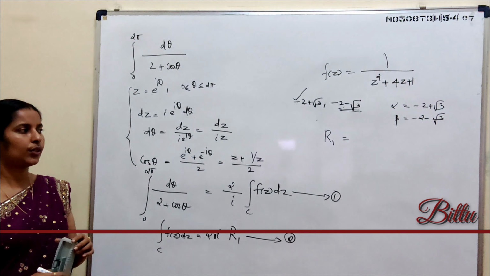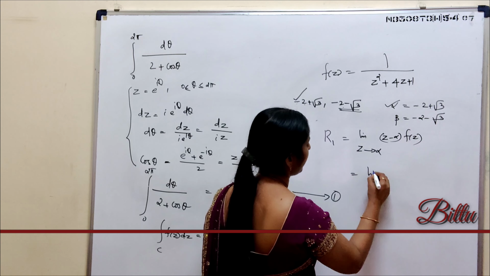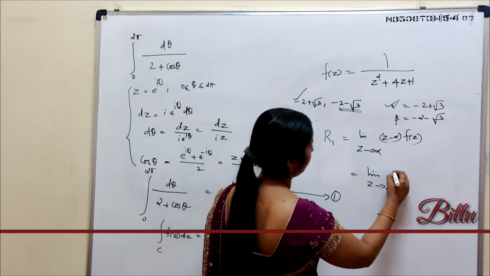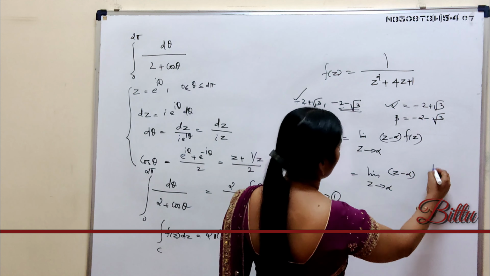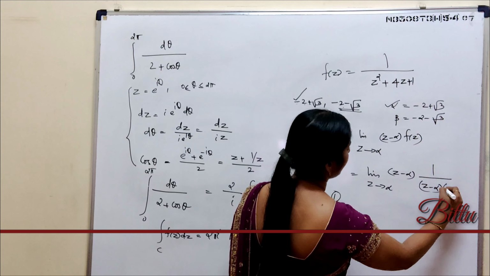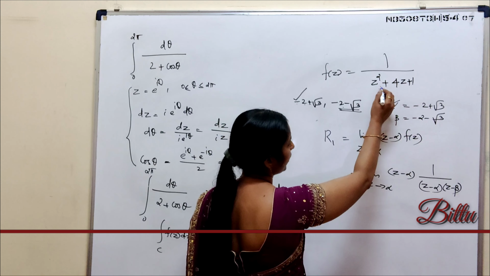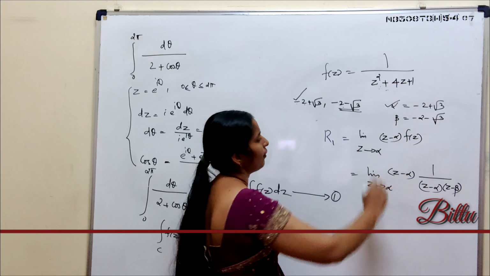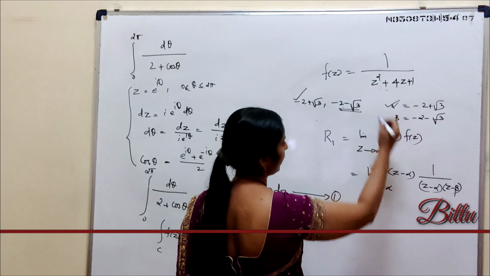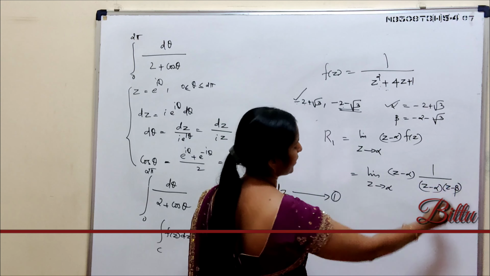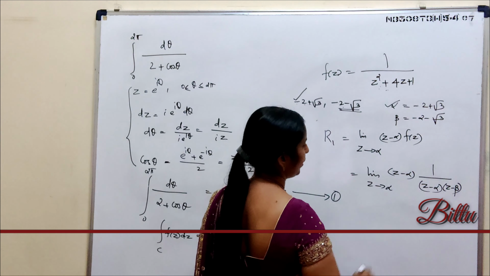So residue is limit z tends to alpha, z minus alpha into f z. Next you have to give factorization of f z. Factorization of f z is 1 by z minus alpha into z minus beta. See, its solutions are alpha and beta. So corresponding factorization is z minus alpha into z minus beta. If there is a constant here, let it be k, then you have to write k into z minus alpha into z minus beta. Here the constant is 1. So simply give z minus alpha into z minus beta.